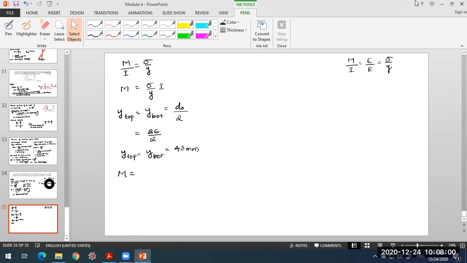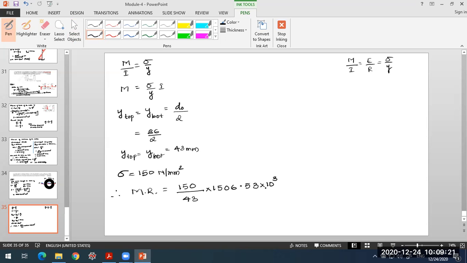So when the permissible stress sigma is 150 Newton per mm square, M or moment of resistance will come out to be 150 divided by 43 into 1506.53 into 10 raised to 3.